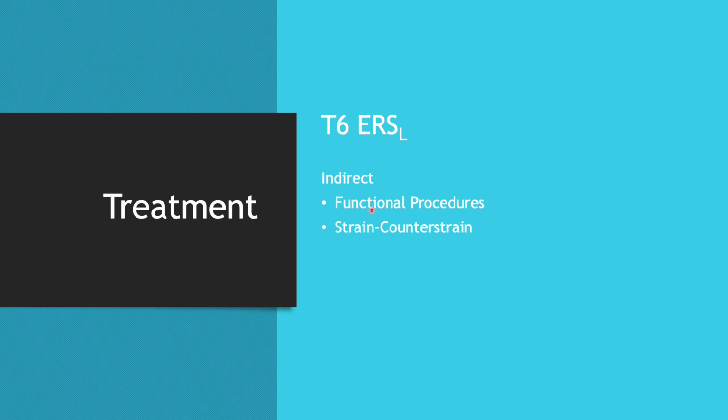And effectively, the methods are very similar. The difference is that Ed Stiles figured out that if you could place the patient in their positional diagnosis, right? So T6 ERS left is the positional diagnosis. Then you could fine-tune that and begin the treatment. William Johnson talked about the 6 degrees of freedom.